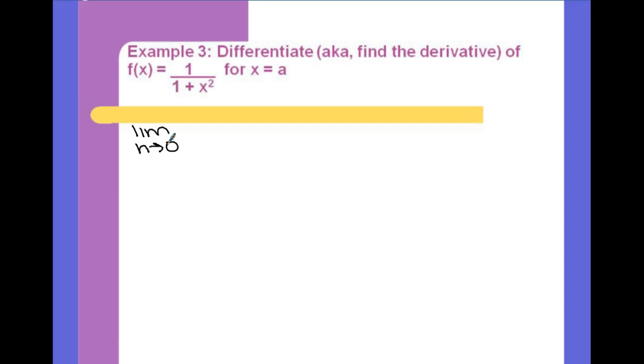Our example is 1 over x plus 2, so this is totally different. Just cross out the problem and write down that problem.